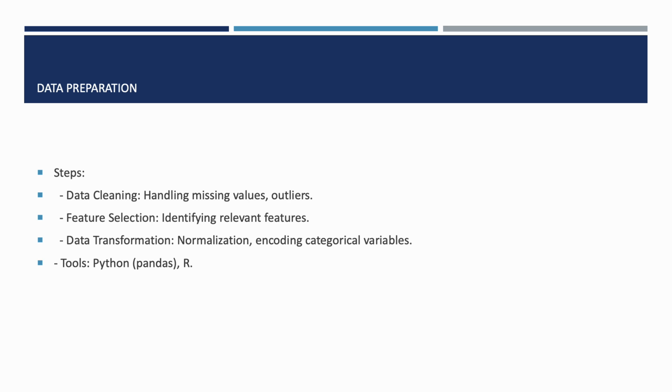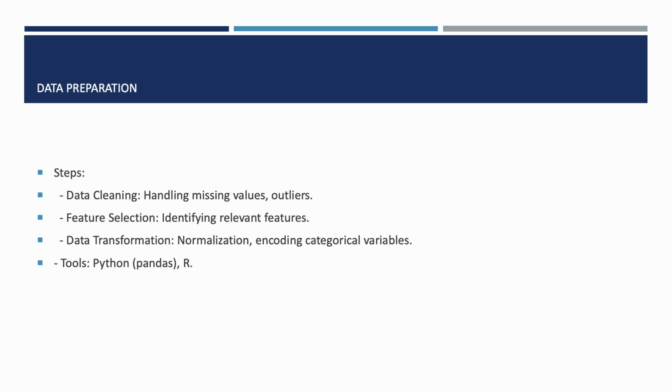Next, we have data transformation. So this step involves normalizing the data, like scaling numerical values to a common range, and encoding categorical variables, like converting text-based data into numerical formats so that algorithms can process it.